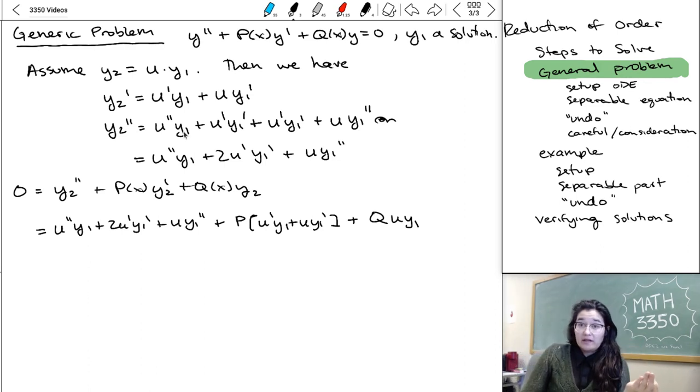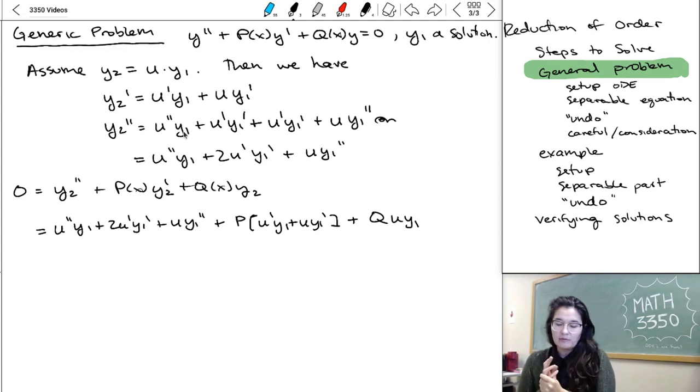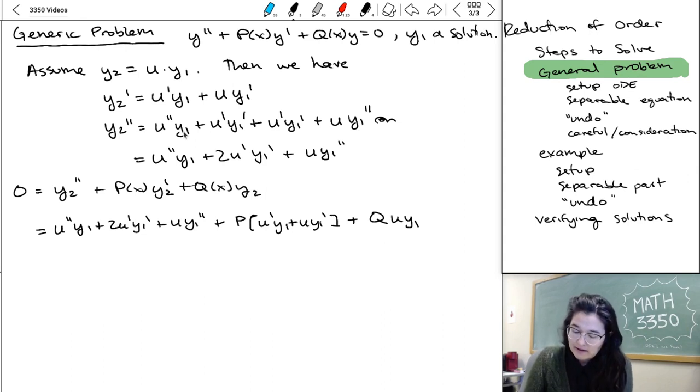There's a lot going on here, but I know that eventually I'm going to want to get rid of the things that look like y double prime plus p y prime plus q y, and I'm actually going to have it turn out that the things where that happens are all the things that are multiplied by only u.